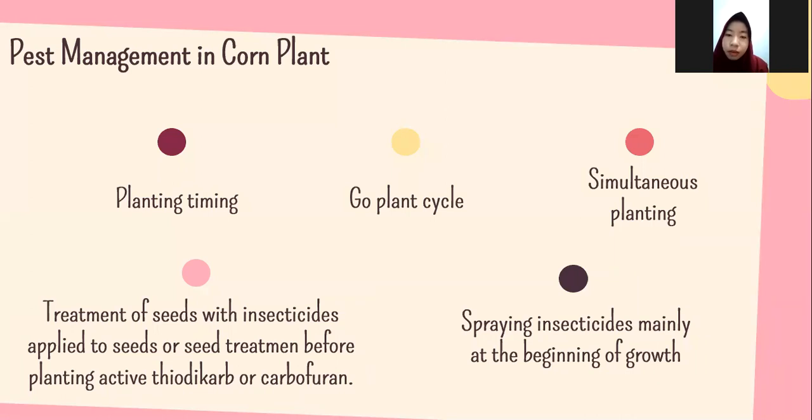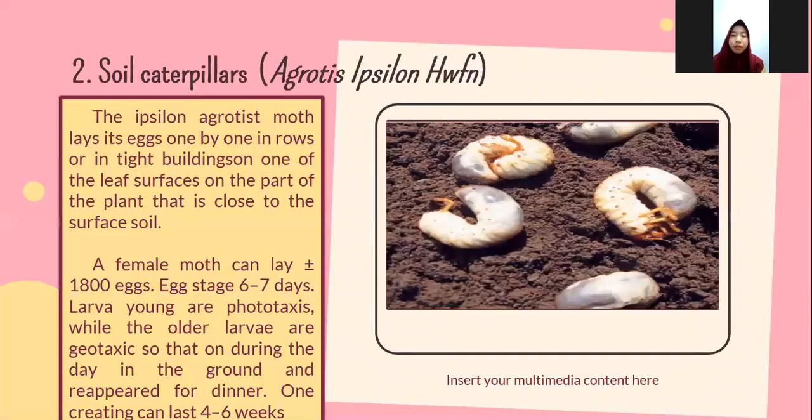And number 4, spraying insecticide, mainly at the beginning of growth. And the last, treatment of seed with insecticide applied to seed or seed treatment before planting, with active ingredients thiodicarb or carbofuran.